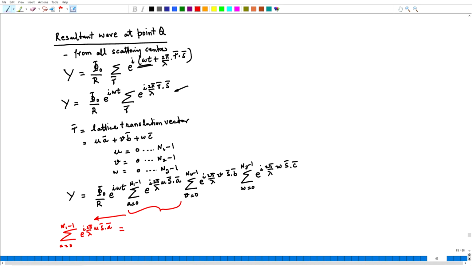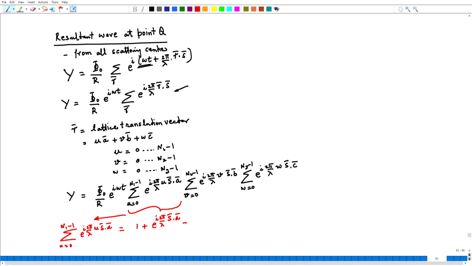So, if I expand this, for u equal to 0, the first term will be 1, then for u equal to 1, it will be e to power i 2 pi upon lambda s dot a. This is the second term.